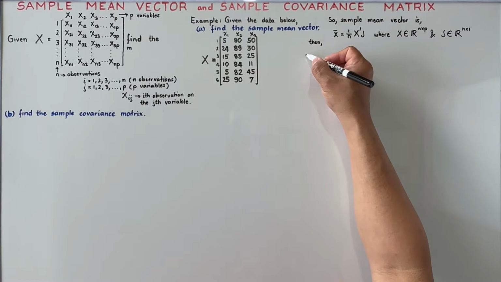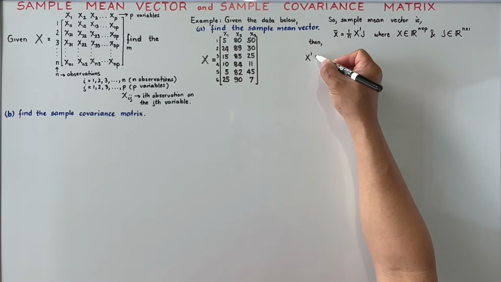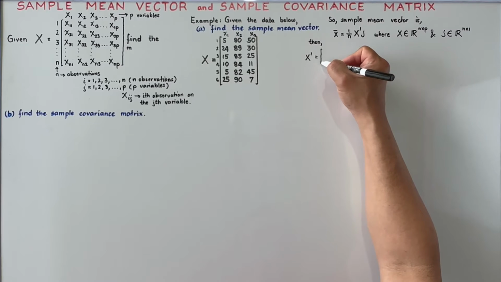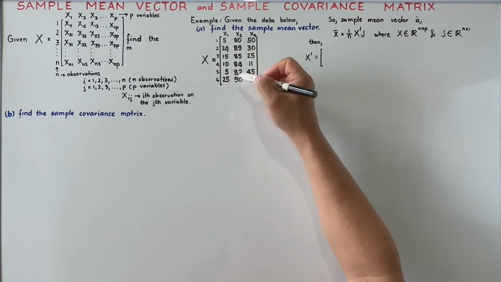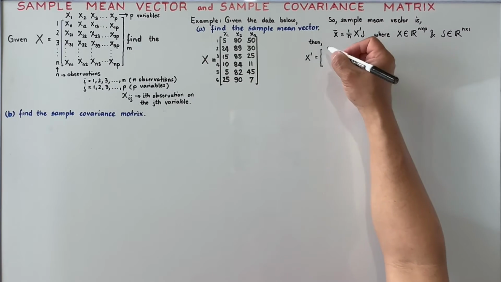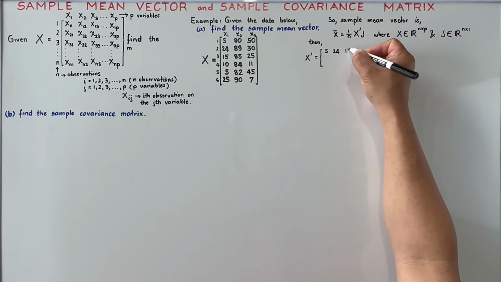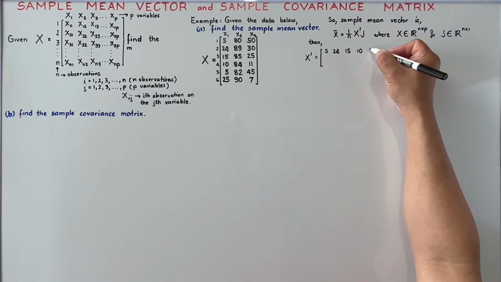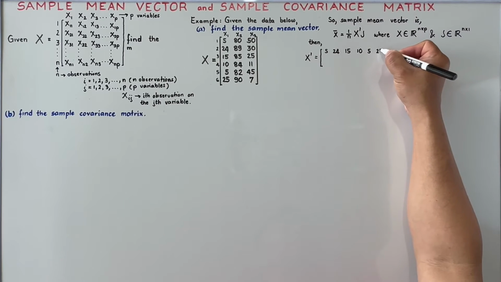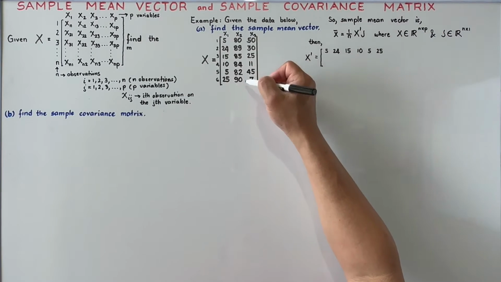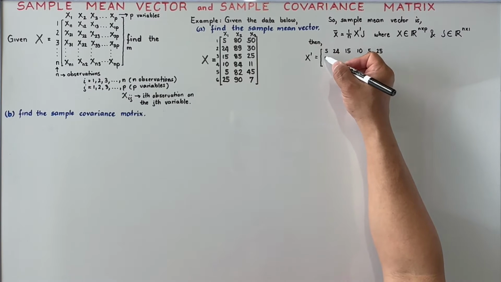So this is matrix X transpose, and the transpose of the matrix is writing the first column as the first row of this matrix. So we have 5, 24, 15, 10, 5, and 25. Also, the second column becomes the second row here.